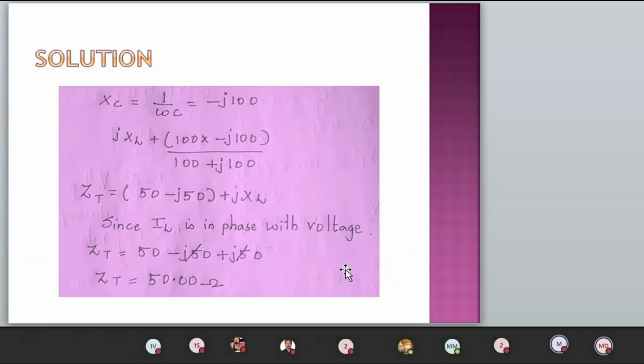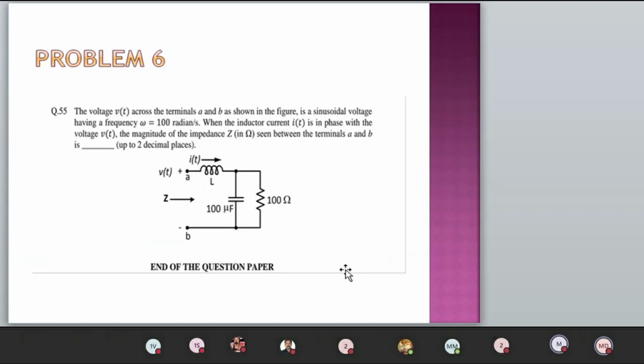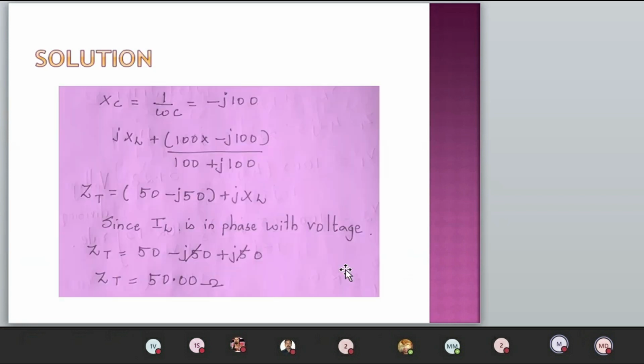Now, the most important point here is the current is in phase with the voltage. So it shows that the inductive reactance is equal to the capacitive reactance. That's what I call resonance. So XL is equal to 50, because the inductive reactance must be equal to the capacitive reactance and both of them must cancel.